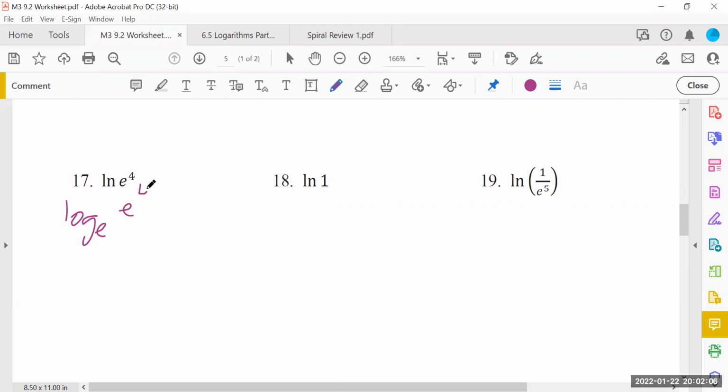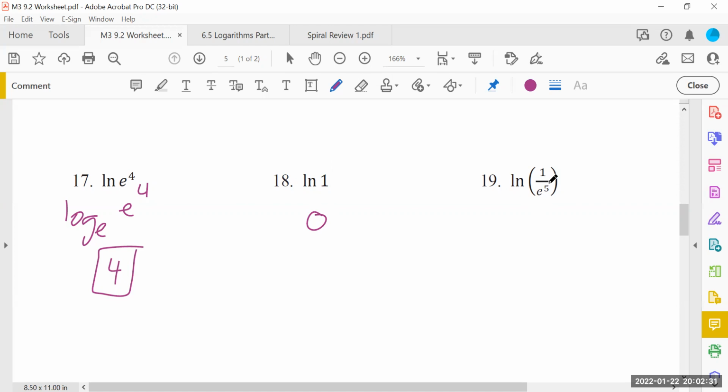So here it's e to the 4th. And so even just reading this out loud, log base e of e to the 4th is what power of e makes e to the 4th power? The answer is just 4. And then we've already said for 18, anytime we have a log of 1 our answer is 0, whether it's natural log or any other base.